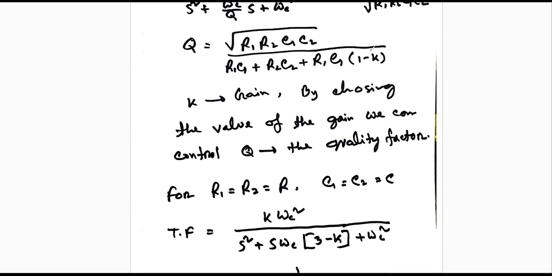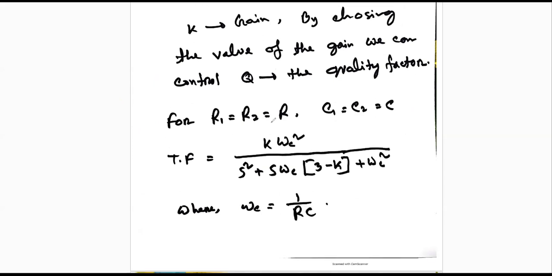The fantastic thing is, by changing the value of K, we can control the value of Q. We need to choose K in such a way that Q should be more than 0.5, or specifically Q equal to 0.707 for the Butterworth filter. That is our target: by changing K, we control Q.